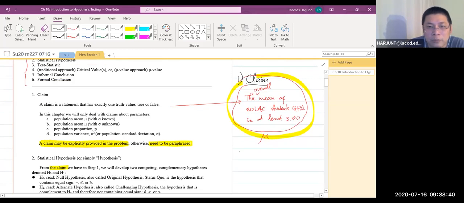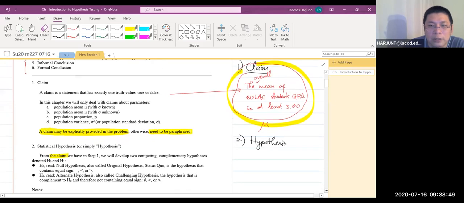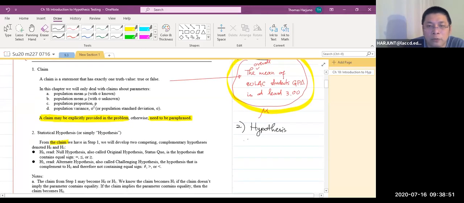Now then, step 2, when we do the hypotheses, we will have two competing hypotheses, null hypothesis and alternate hypothesis. Now that's about mu, right? And if we read and translate that claim, it basically says that mu is at least 3.0.